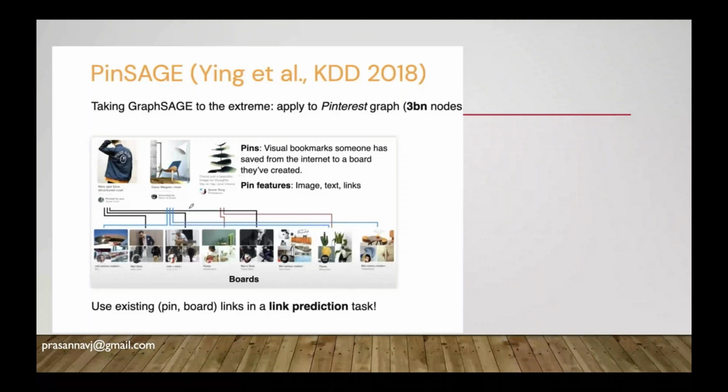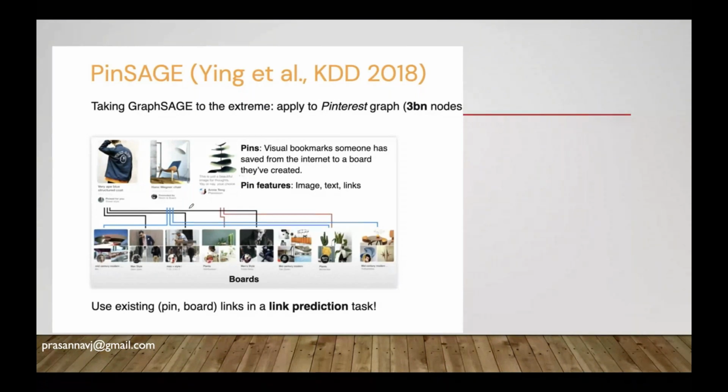They call it PinSage, and PinSage has been implemented for 3 billion nodes. Imagine the kind of scale you're talking about, 3 billion nodes, to actually classify and provide better images for you. If you are sitting in India and you use Pinterest, the kind of images you are going to get would be completely different from somebody who is sitting in the US or UK, who will be looking at these images as such.